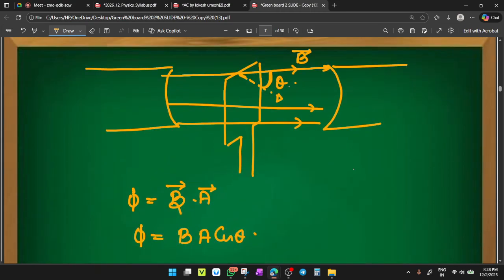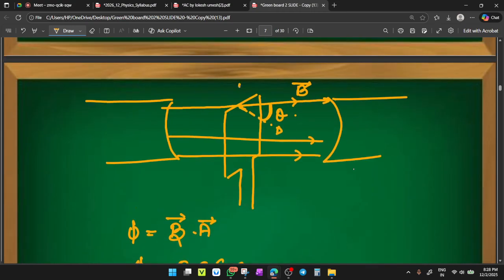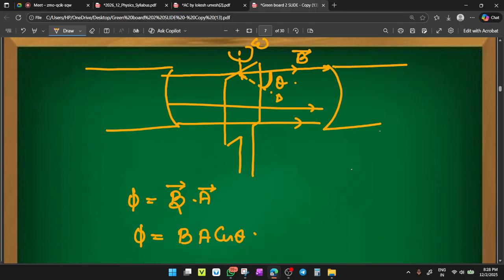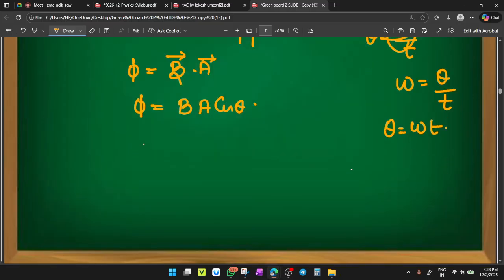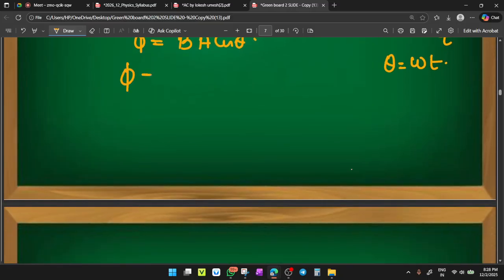As this coil is rotating with an angular frequency omega, the angle traveled by it, theta, is equal to omega t. Angular frequency is equal to angular displacement upon time, theta by t. So theta becomes omega t. So phi equals B into A into cos omega t.